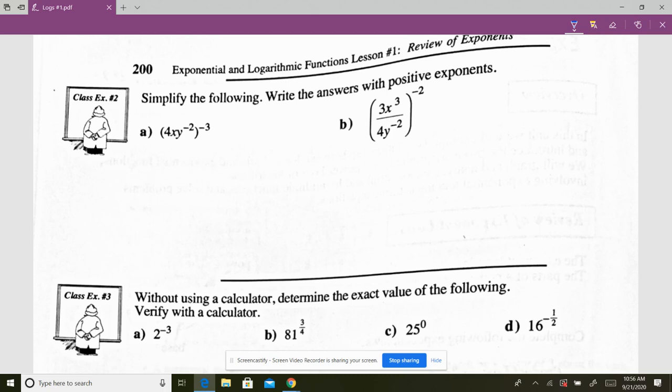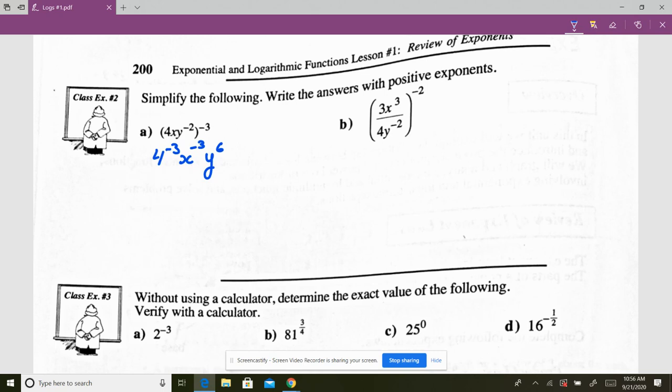Put the negative 3 in. We can go 4 to the negative 3, x to the negative 3, y to the what? Positive 6, right? Because you're multiplying. Now we have to get rid of everything that has a negative exponent. So what do we do? Which ones?